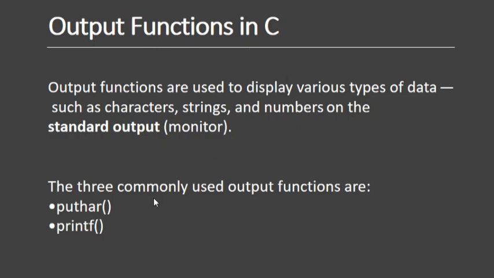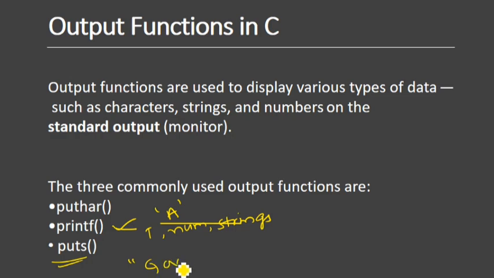There are three different types of output functions: putchar, printf and puts. putchar is used to print only a single character onto the output, whereas printf prints text, numbers, strings and some special characters, everything onto the screen. And puts is going to print a string onto the monitor. These are the three functions which are used to print output onto the screen.